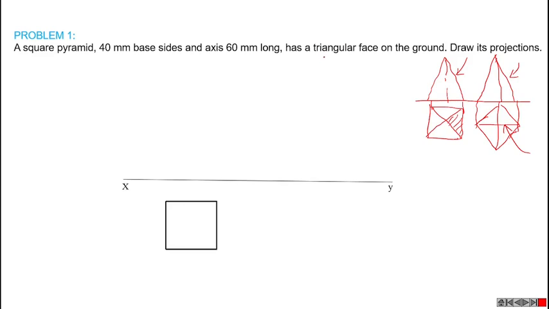Then, if a square pyramid is resting on its triangular face on the ground, the base figure must be like this. Then we can draw the slant heights.